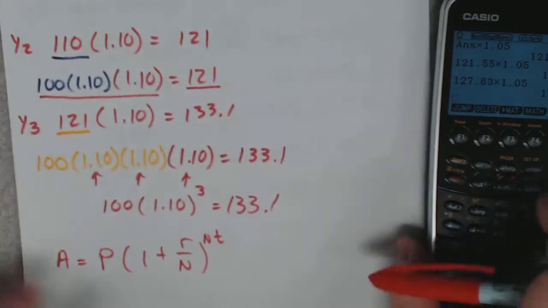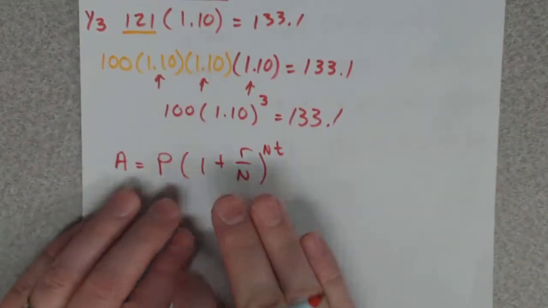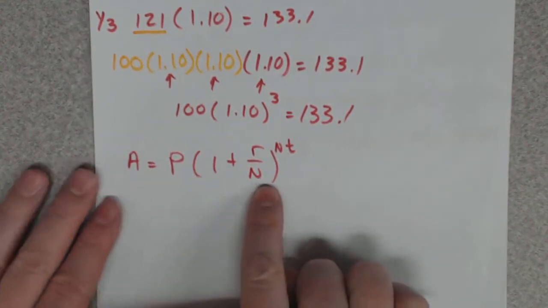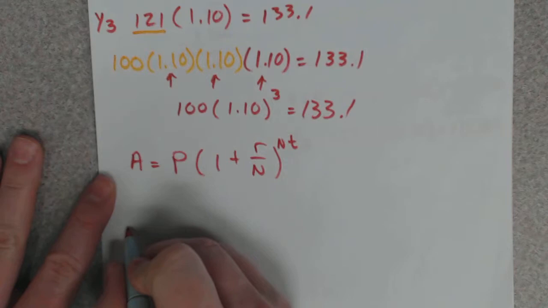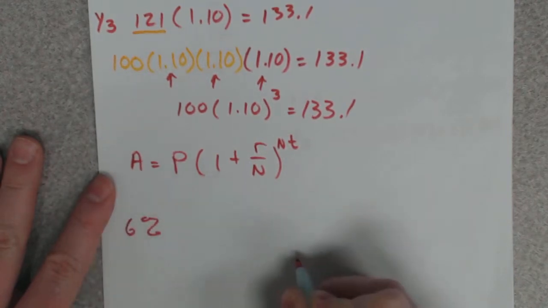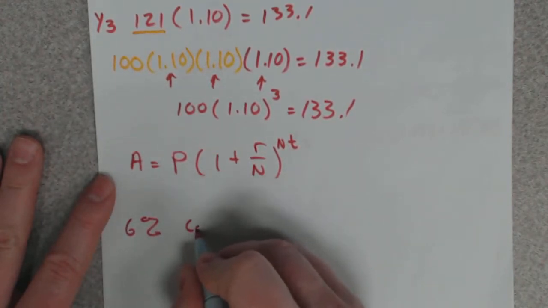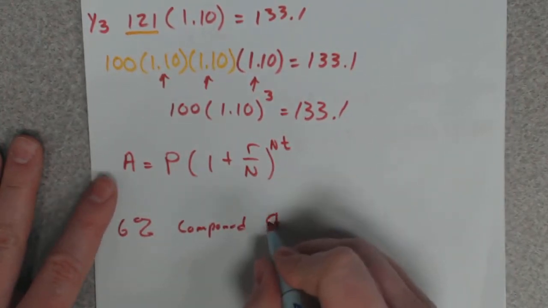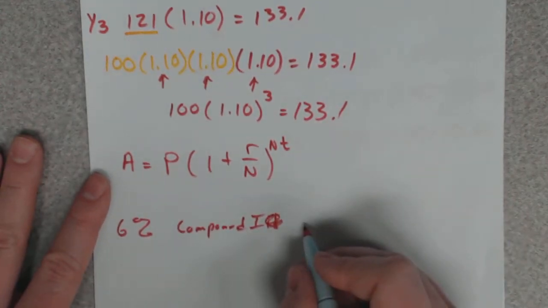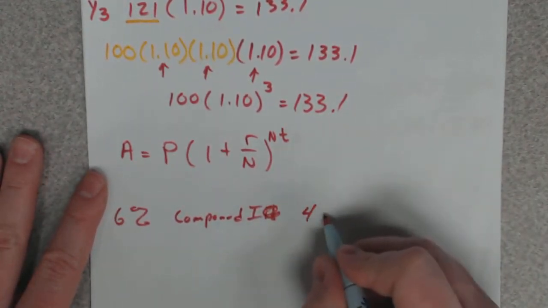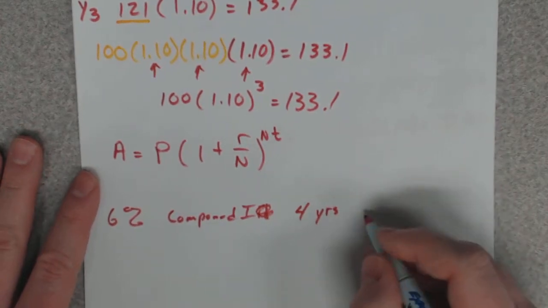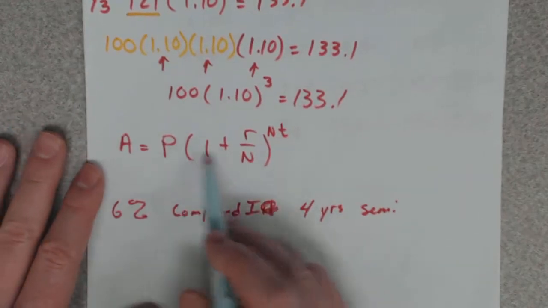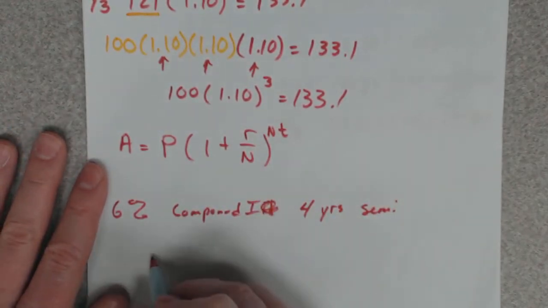So what I would do then is you can memorize a formula if you want, but if you wind up with a question, let's say the question says you have an account that is 6%, it's compound interest, and then let's say you kept it in for 4 years, and the terms were semi. Well, you can use that formula if you want, but think about it. I'm going to take my $100.